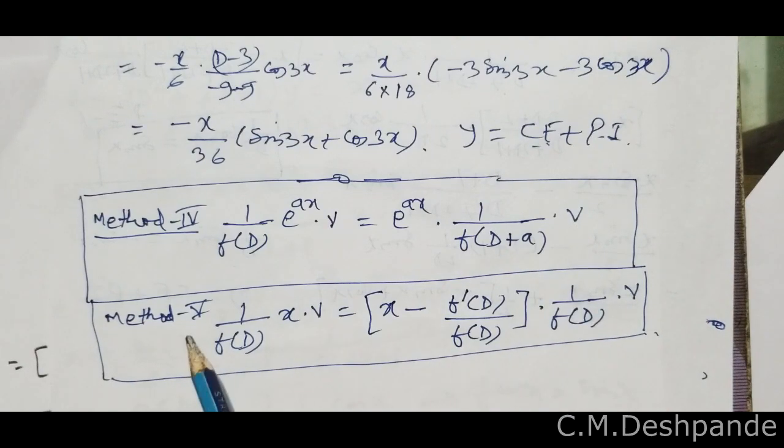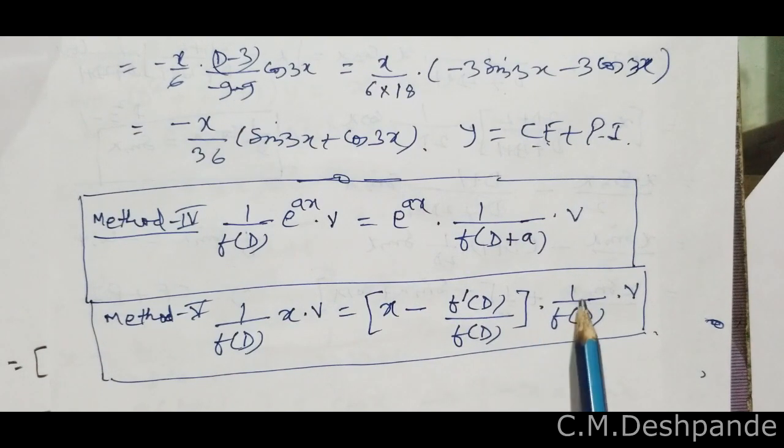And method number 5 is 1 upon f of D operating on x into v equal to x in bracket x minus f dash of D upon f of D into again 1 upon f of D operating on v.